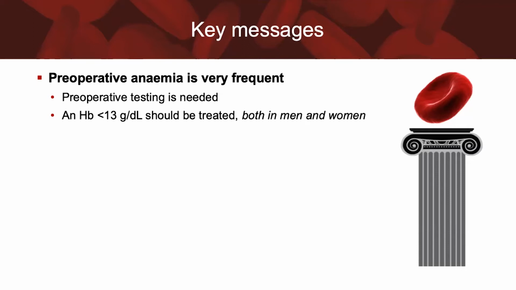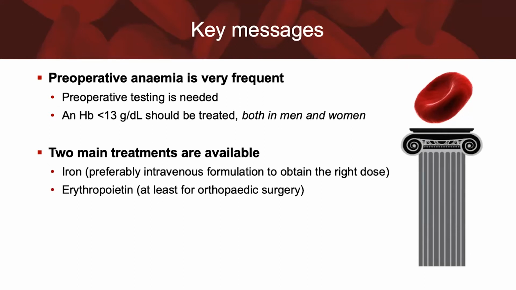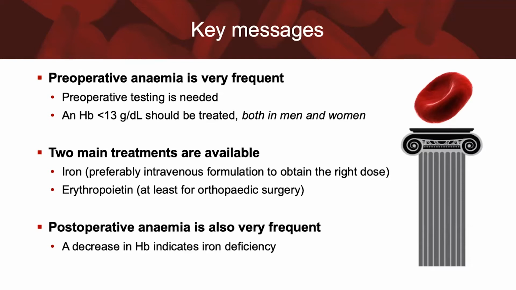A hemoglobin below 13 grams per deciliter should be treated, both in men and women. Second, the two main treatments for anemia are iron, and we will see that we should probably prefer the intravenous formulation to obtain the right dose, and erythropoietin, at least for orthopedic surgery.